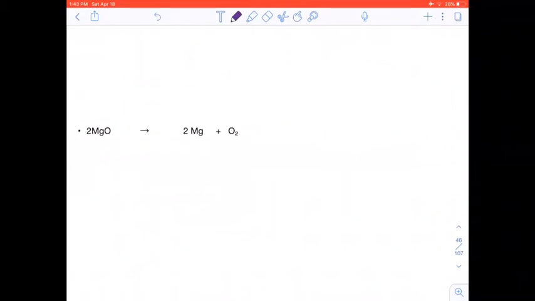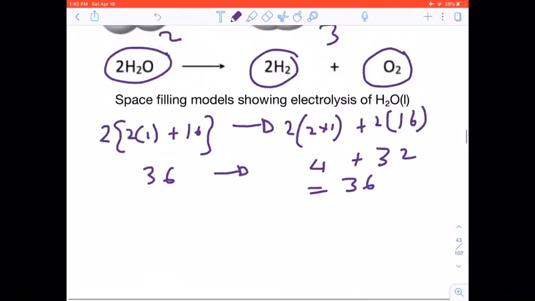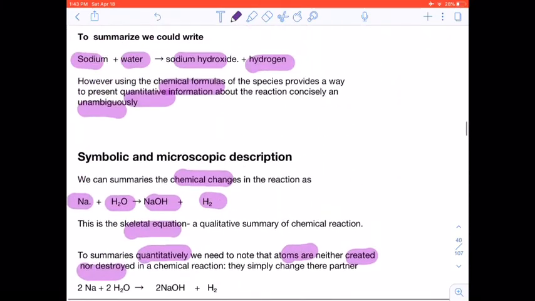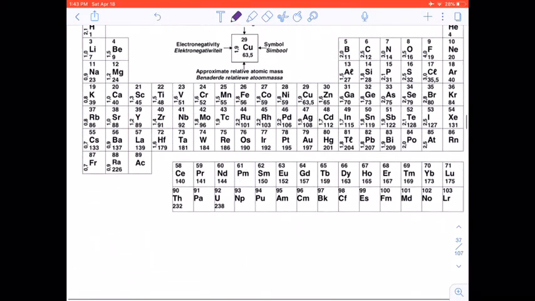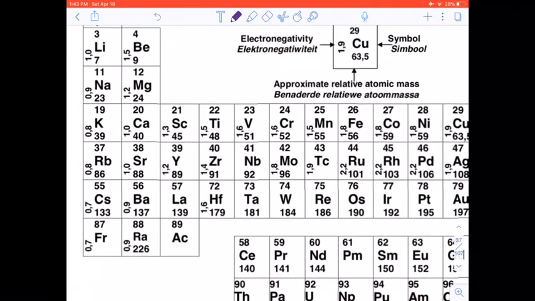We got MgO, which then reacts to give us Mg and O2. So we have two. Now magnesium, let's go quickly to the top there. Magnesium, right?